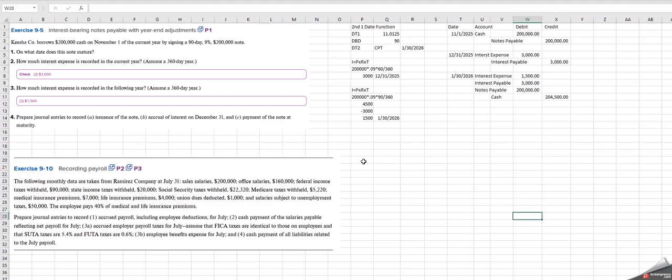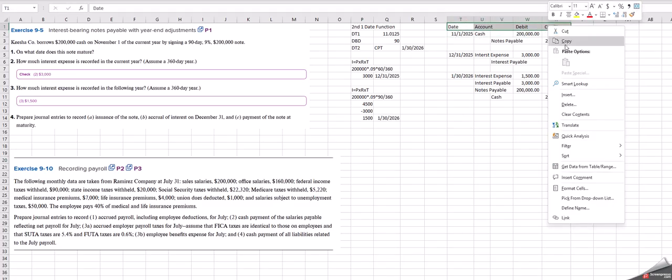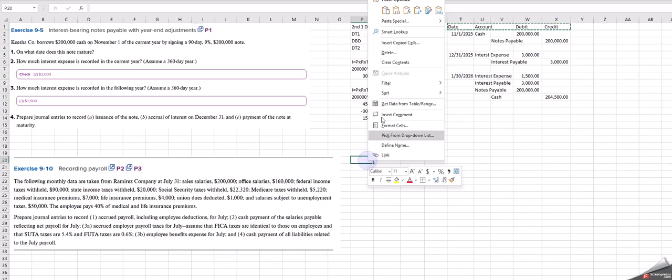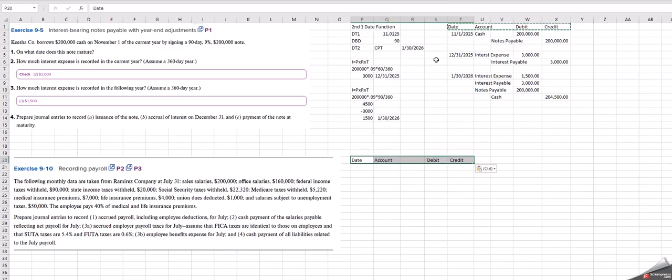Okay, then this next one deals with recording payroll. So we've got sales salaries of $200,000. They want us to do the journal entry, so I'll go ahead and set it up. I'll copy these down, and then we'll make sure those are all numbers.